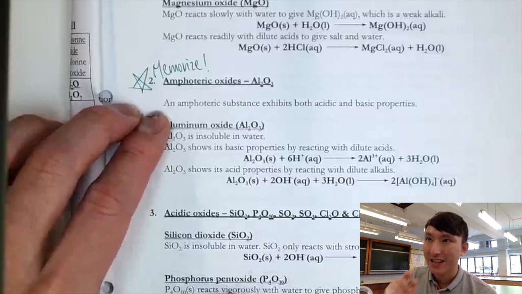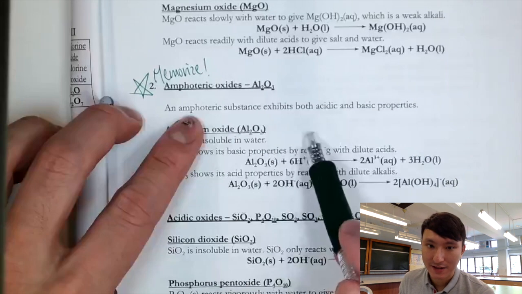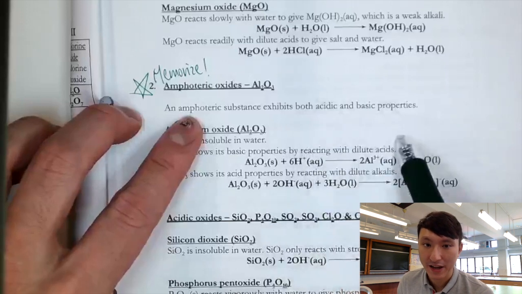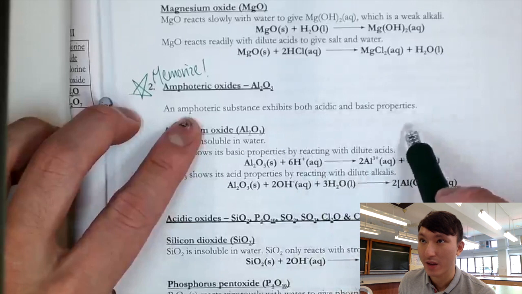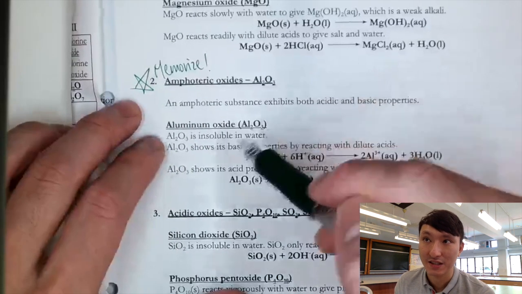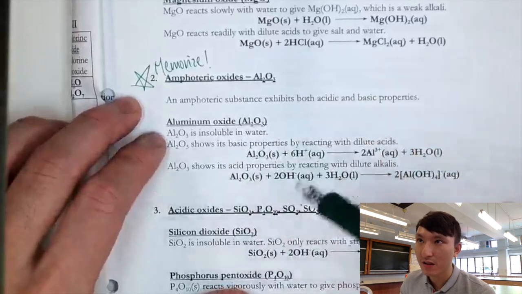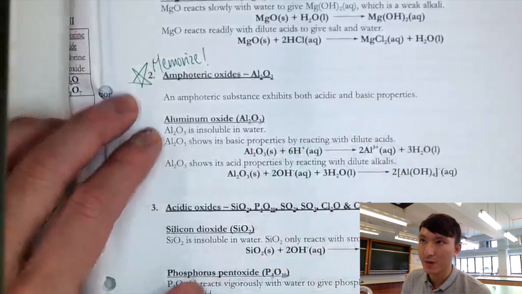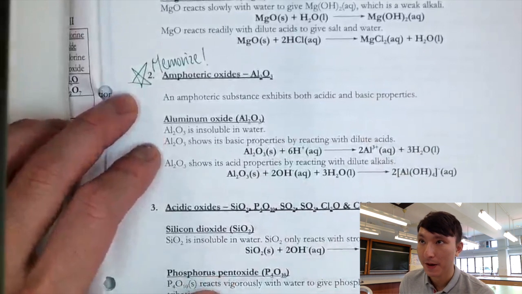The definition is simply saying that it can exhibit both acidic and basic property. It has nothing to do with whether or not it can dissolve in water. In this case, it is insoluble in water, but some other amphoteric species might be able to dissolve in water. So this is something you have to pay attention to, okay?